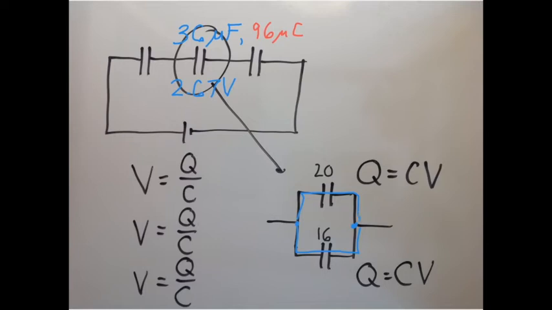So that means we can plug into Q equals C delta V and get our answers. Try that.